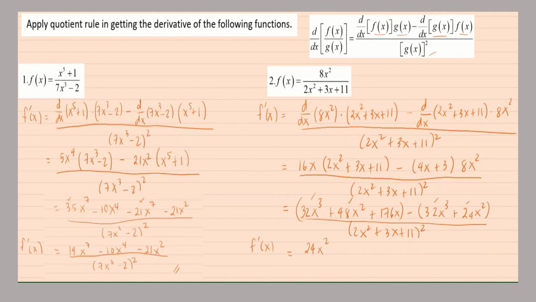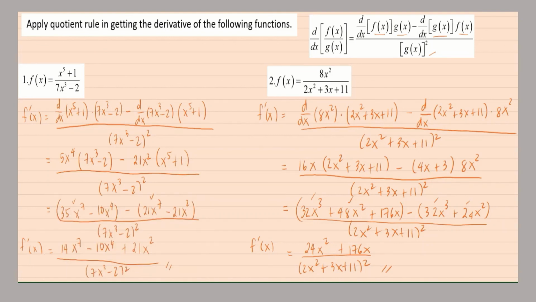And then we have plus 176x all over the square of 2x squared plus 3x plus 11. So now the derivative of 8x squared over 2x squared plus 3x plus 11 is 24x squared plus 176x all over the square of 2x squared plus 3x plus 11, and this was obtained using the quotient rule.